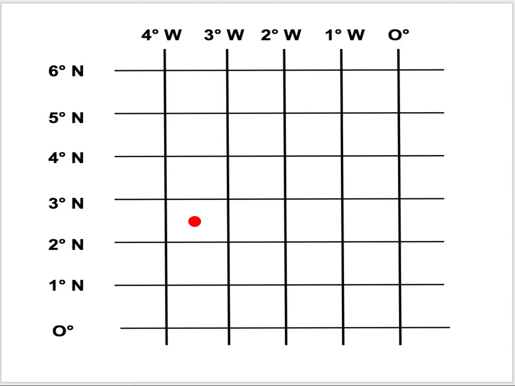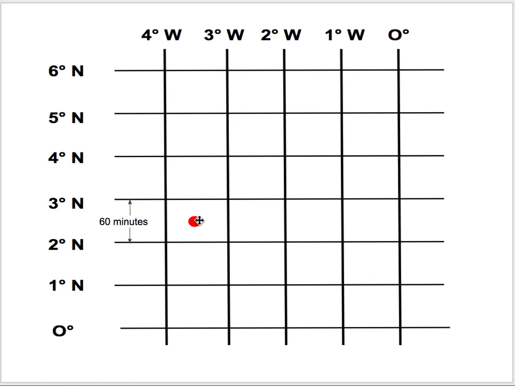Now, in math class, we might say that that was maybe 2.5. Now, that is not how it works in geography. Instead, geographers have determined that between each degree of latitude and also between each degree of longitude, there are not decimals like in math, but instead they have divided it into what are called minutes, like in time. In between each degree would be 60 minutes.